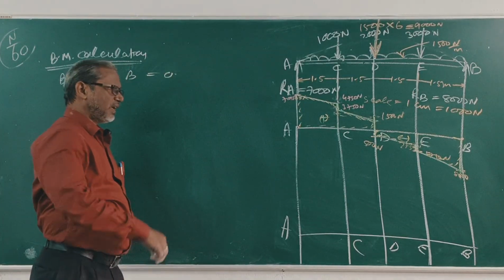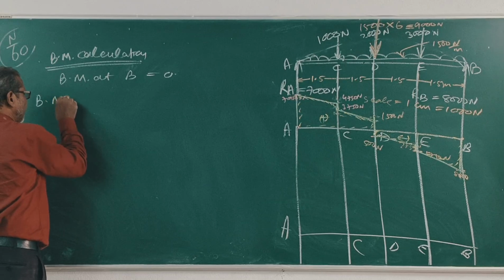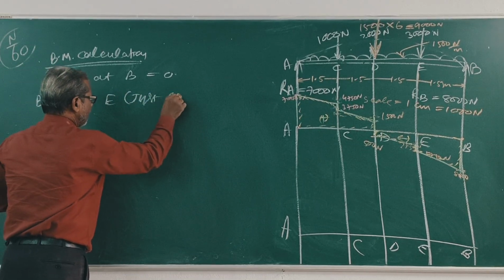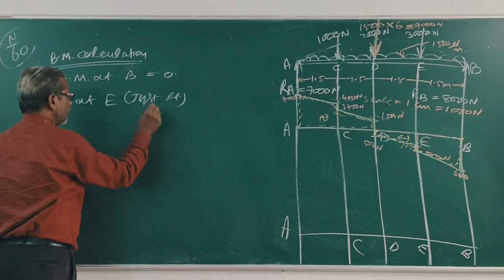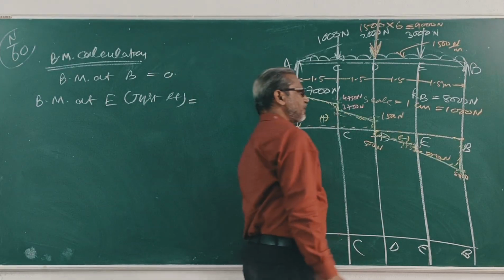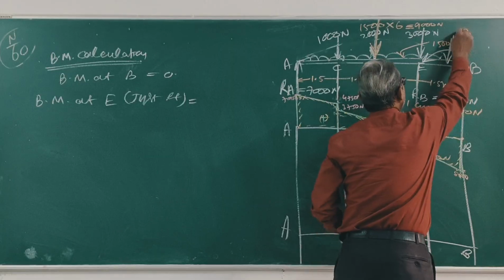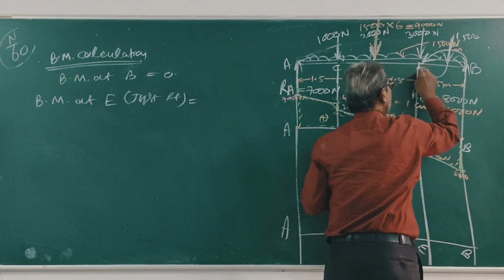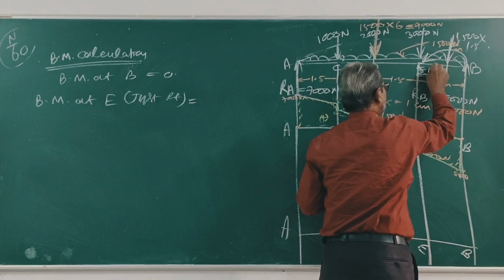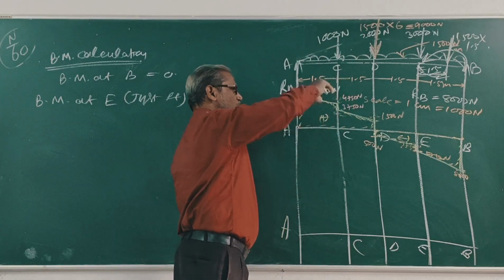Now, at E, this is point E. So, RB into this, 1500 into 1.5 into 1.5 by 2. Clear? So, RB into this positive, this is negative.